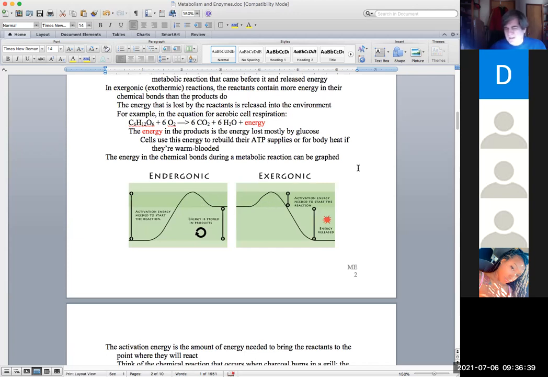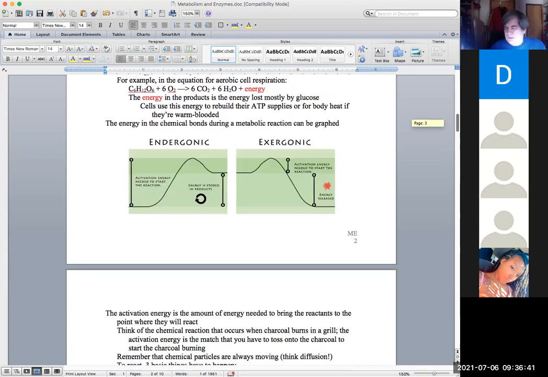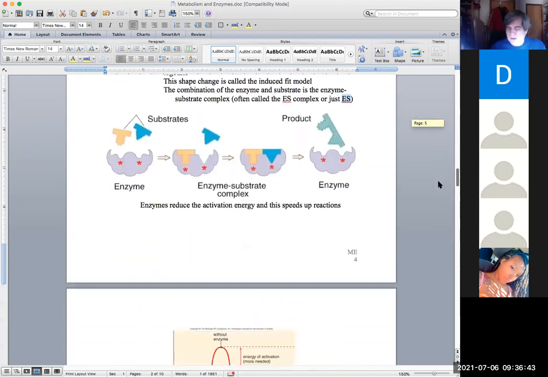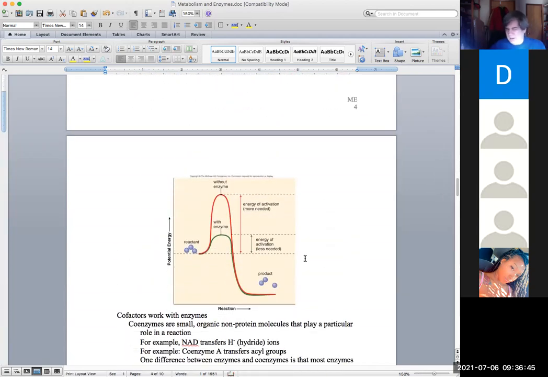It's not going to be quite as high. So let's look at a graph showing the activation energy with an enzyme and without an enzyme. So here's that same type of graph. So on our x-axis, we have the reaction. So reactants on the left again, products on the right. And we have the potential energy and the chemical bonds on the y-axis.